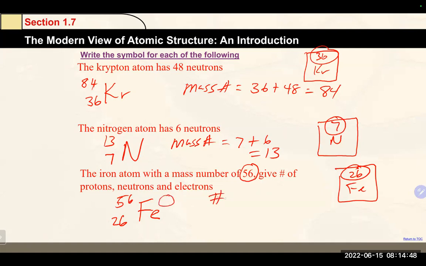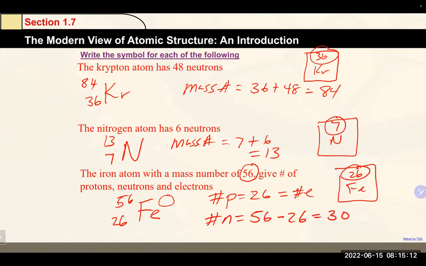So the number of protons here would be 26. That would also equal our number of electrons, as they have to cancel each other out in terms of the charge. And our number of neutrons in this case would be our mass number minus our atomic number, which would give us 30.